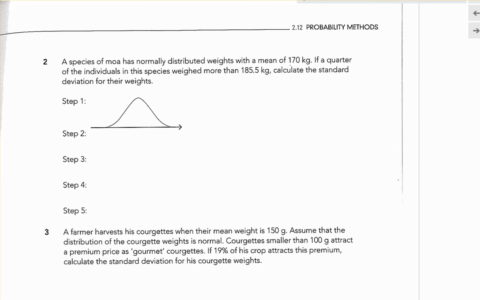So here's another one, species of moa with weights, and once again we've got a mean of 170. Here are the weights of the moas along the x-axis. So x equals moa weight, and that's in kilograms. A quarter of the individuals in this species weighed more than 185.5, so the probability a weight was greater than 185.5 was a quarter, or 0.25 as a decimal.